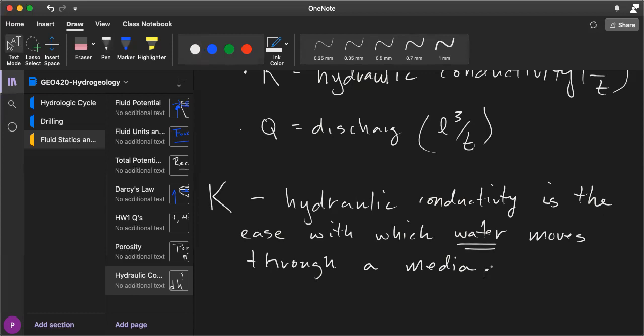Hydraulic conductivity is the ease with which water, key, all right, water moves through a rock or a porous media, right?